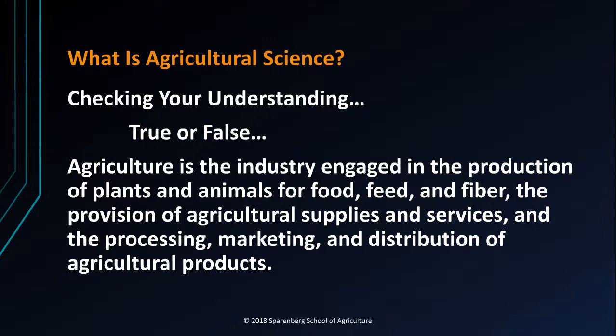True or false? Agriculture is the industry engaged in the production of plants and animals for food, feed, and fiber, the provision of agricultural supplies and services, and the processing, marketing, and distribution of agricultural products. The correct answer is true.